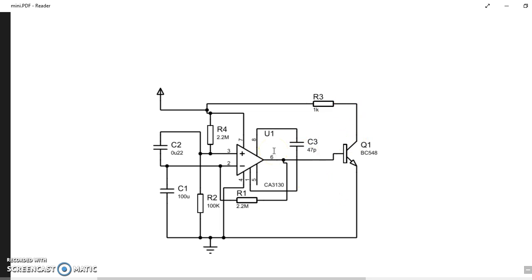0.22 microfarad capacitors in parallel are used for detecting radio frequency signals from a mobile phone. These capacitors are working as a loop antenna for the system.